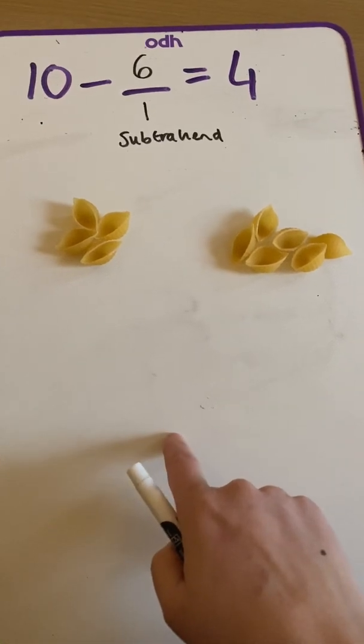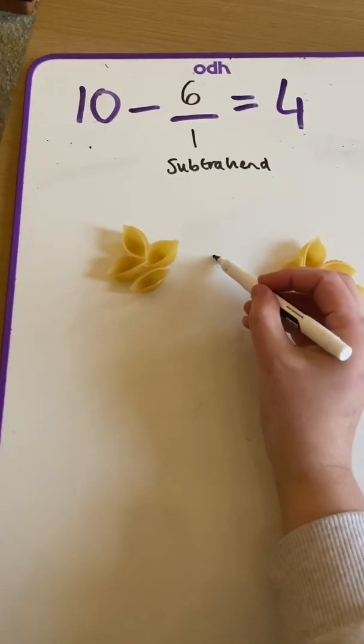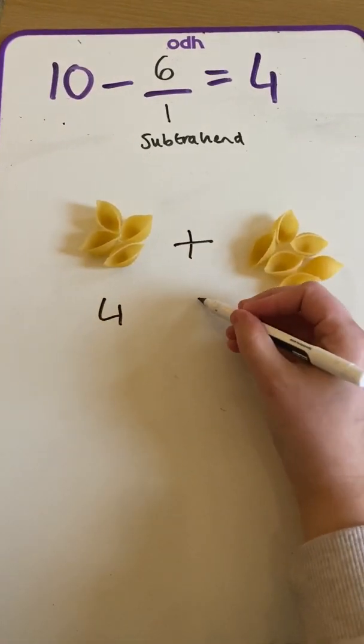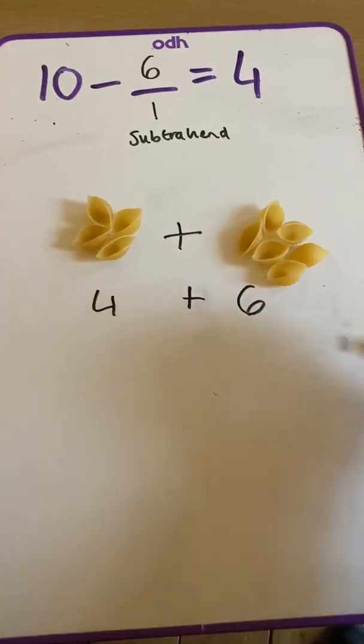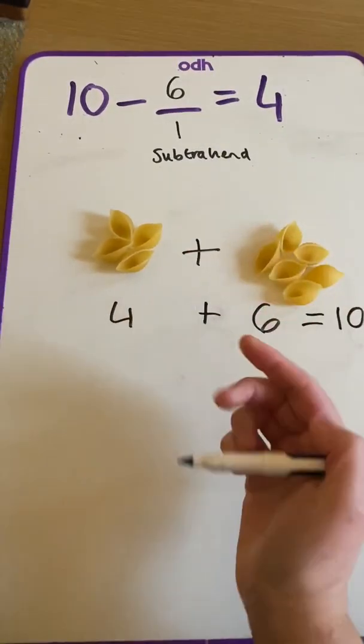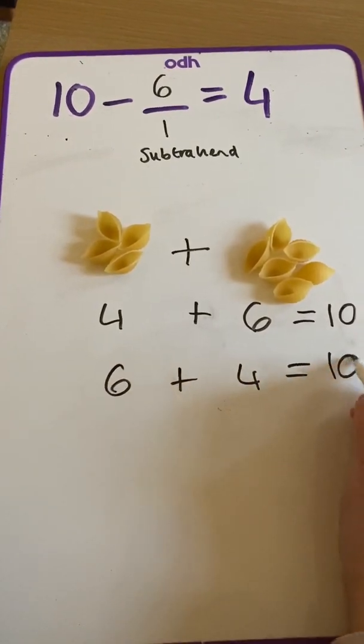Now I know other facts to do with these numbers. If I put a plus sign here, I could see that 4 add 6 equals 10. Or if I swap them around, I could also have 6 add 4 equals 10.